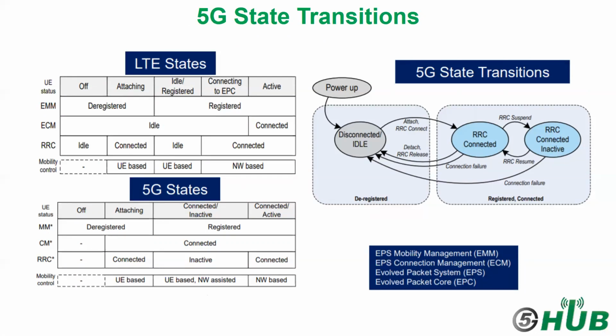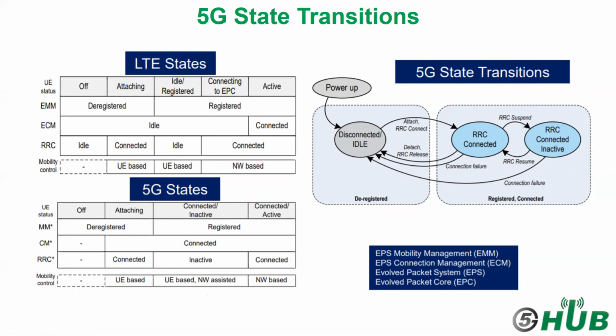If this isn't the case, and no RRC connection is established, the user equipment will be disconnected or in idle mode, meaning that RRC inactive state is considered as a part of RRC connected. So here we can see some arrows from RRC connected to RRC connected inactive, suspend, and RRC resume. These operations can be as below.